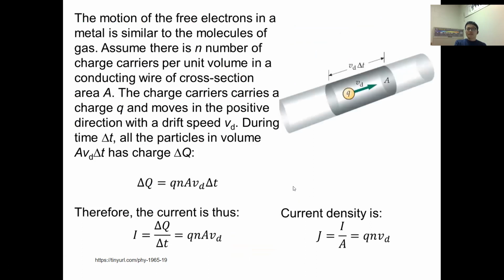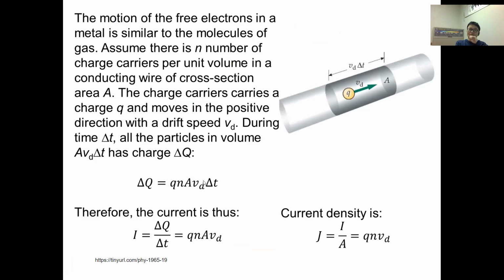So the current in this conductor is actually proportional to the drift velocity. Okay, so to calculate, you do charge Q over a certain portion of that conductor. So take the length of the drift velocity of a charge carrier times delta T, and then you can calculate how much total charge is inside there.